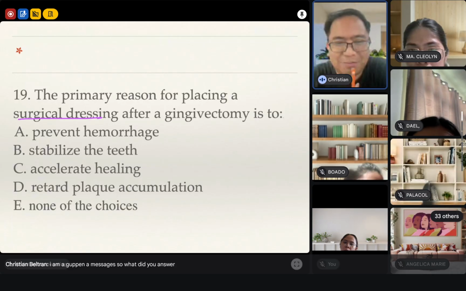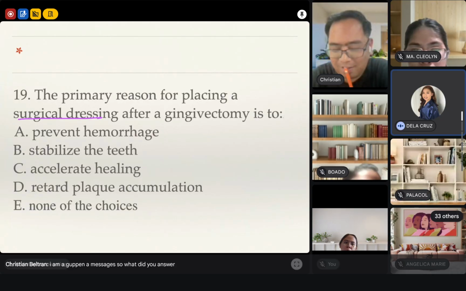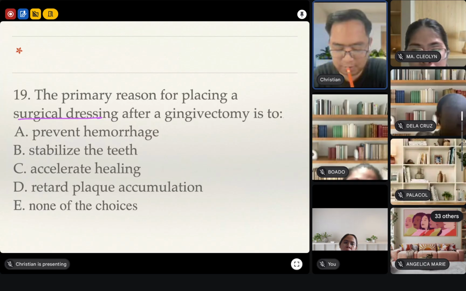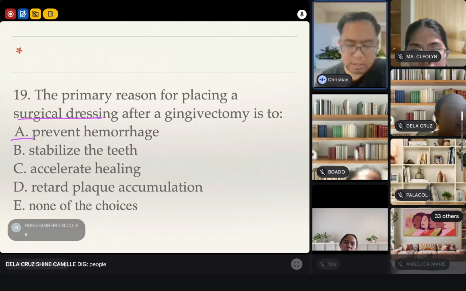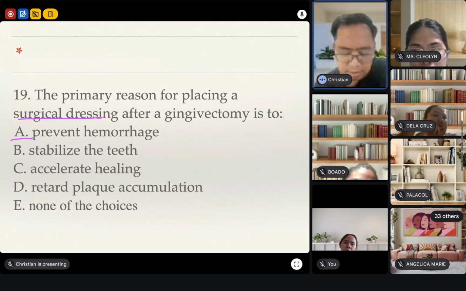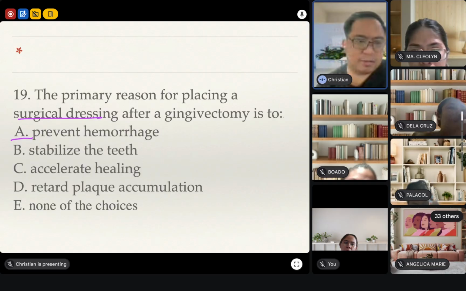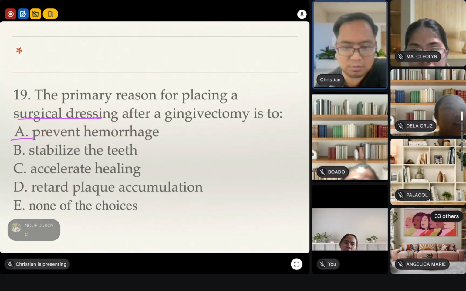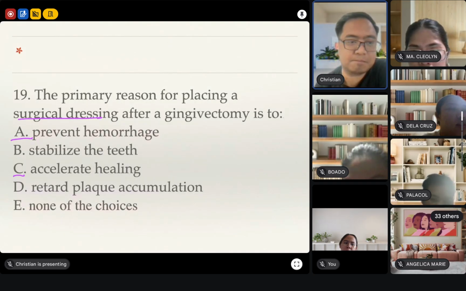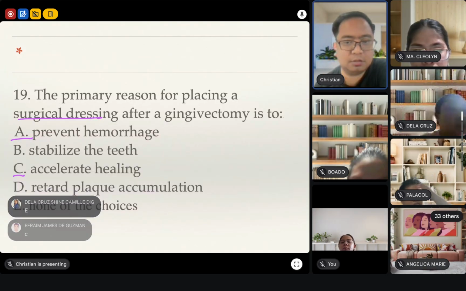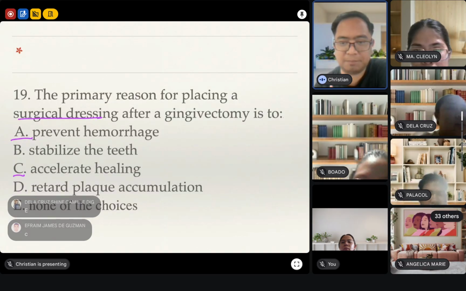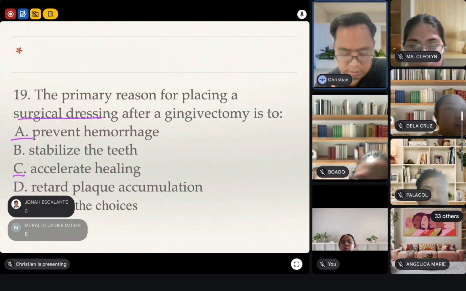So, what did you answer? Can you just type again? Tipo, Dok. A. Meron A. What about the others? Apple, boy, cat, dog, egg. Cat. Yung iba. Hindi ko narinig. B, A. Kakatunog kasi sila.